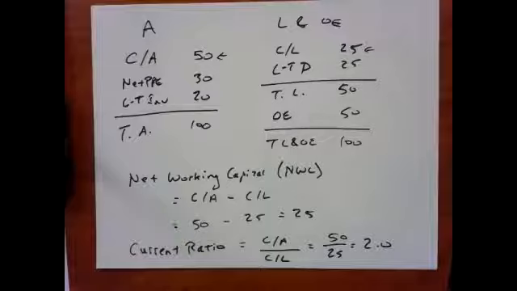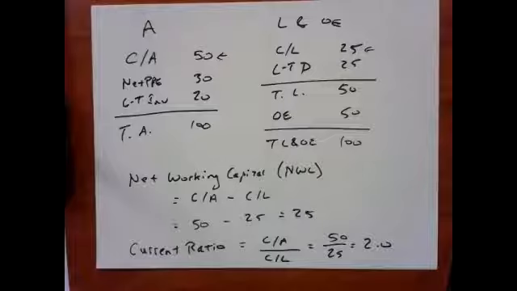So I have a 2-to-1 ratio of current assets to current liabilities. That's probably pretty good, right? But every industry has a set of benchmarks that say whether that is good or not good, and they're going to be different depending on the industry.